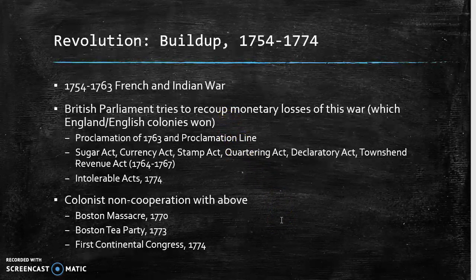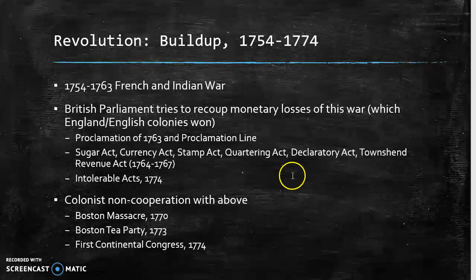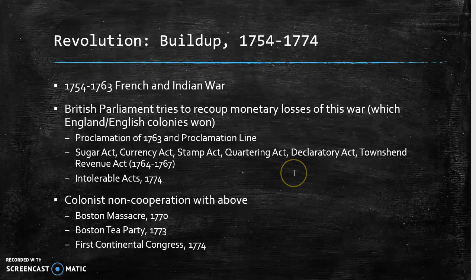However, the colonists grew increasingly dissatisfied, not just with the fact that England was raising taxes, but with how they were doing it. The colonists felt that they were not sufficiently represented in Parliament. So, long story short, that's the build-up to the American Revolution.